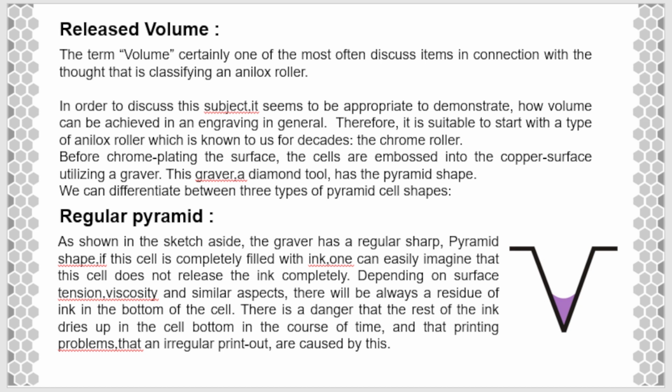There will always be a residue of ink in the bottom of the cell. This is dangerous. The rest of the ink dries up in the cell bottom in the course of time, and printing problems such as an irregular printout are caused by this.